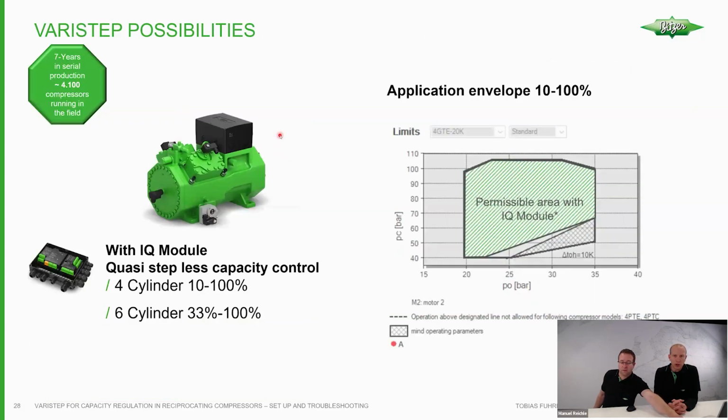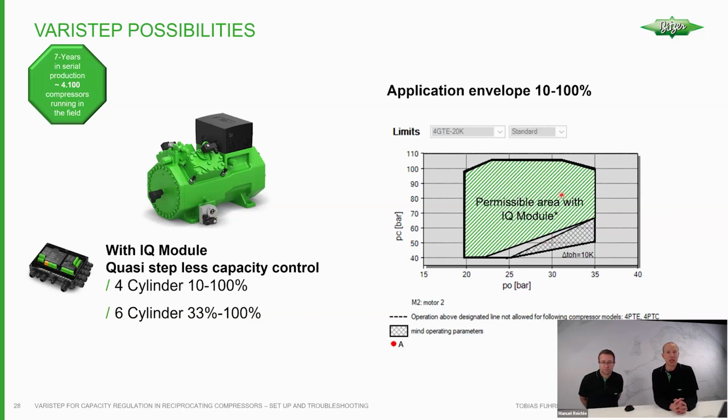And that was a question earlier, where to operate and how to avoid too low a pressure ratio down here. This is given by the application envelope, the application limits. This is a little bit misunderstood. You can run in this area also; we don't expect any interference of our IQ module with the capacity of the compressor.